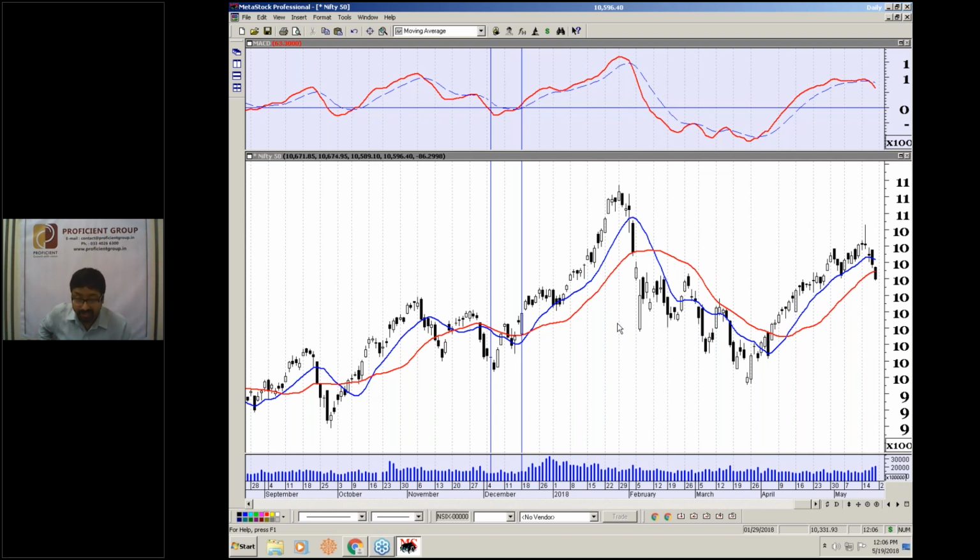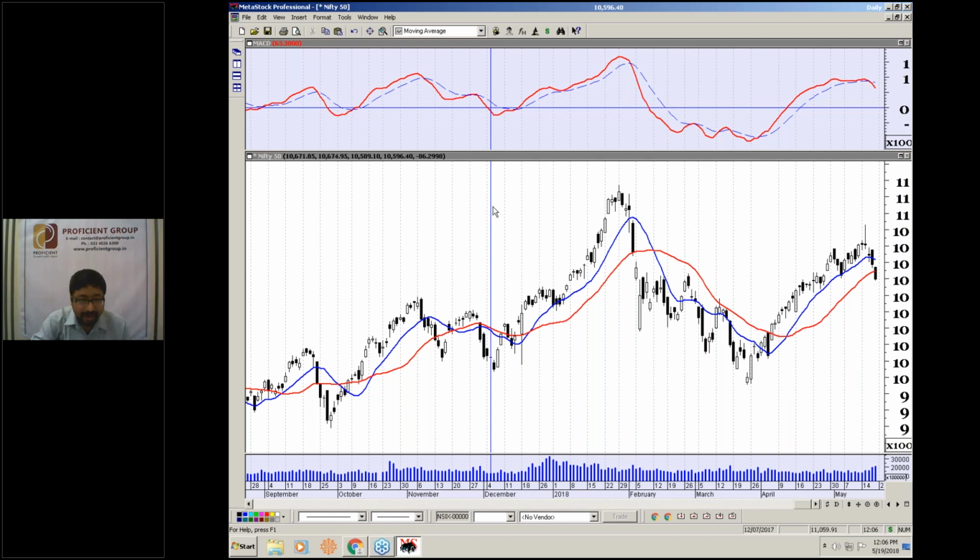If there is an MACD sell signal but prices go above that moving average, you have to exit from a short position. In the same way, if MACD gives a buy signal but prices go below a certain moving average, you cannot hold your buy position for long enough, right?